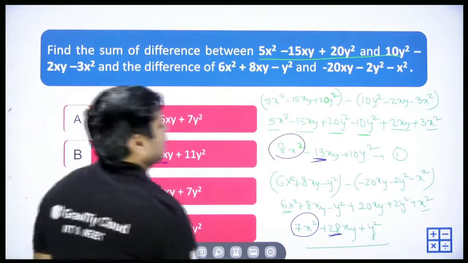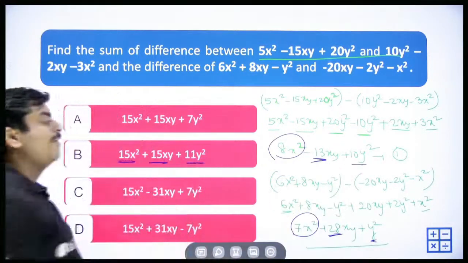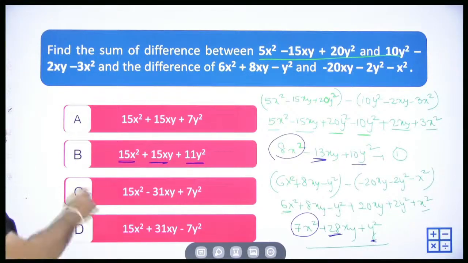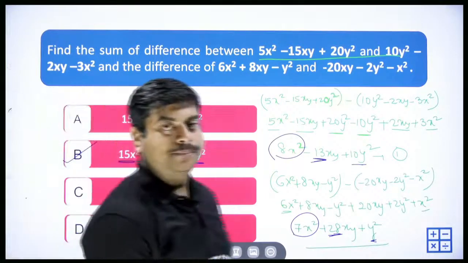Plus y square plus 10y square becomes plus 11y square. So that will give you option B: 15x square plus 15xy plus 11y square.